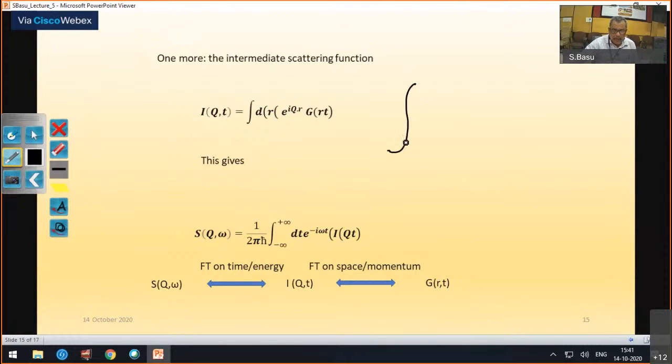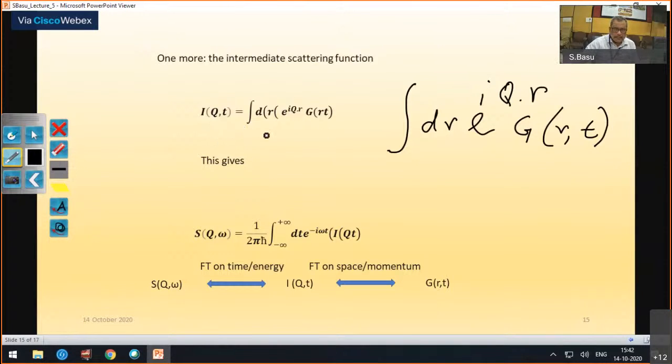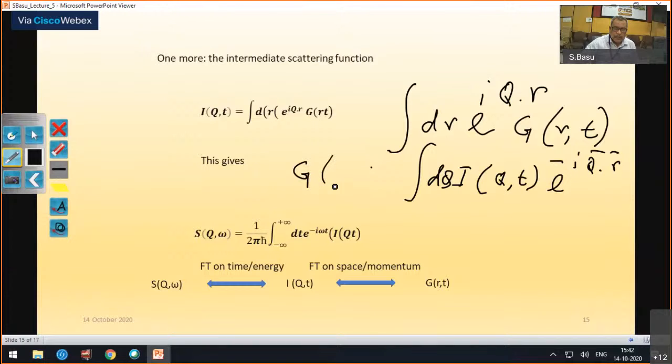It will look like the integral dr e to the power i q dot r G of r comma t. So this is a space Fourier transform of G of r t. Vice versa, if I do the integral of I of q t e to the power minus i q dot r dq, then I will go to G of r t. They're the Fourier inverse of each other.